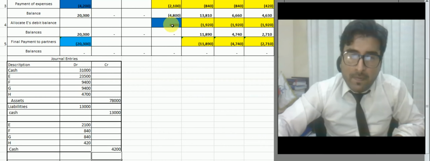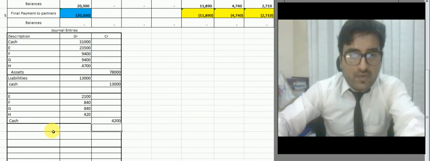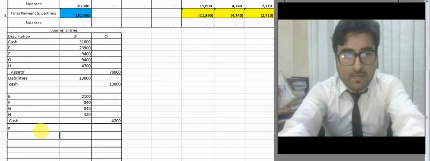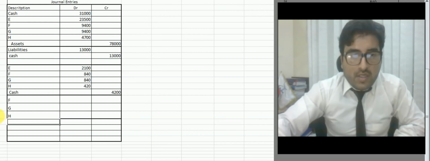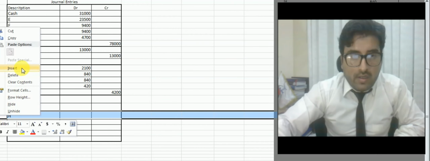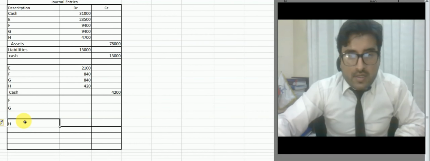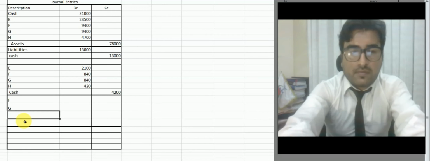Now next, after the payment of expenses, we have allocation of E balance. So here we have E account increase credited, and FGH debited, so you have to make FGH debited, right? Increase one row here, this is H, okay.